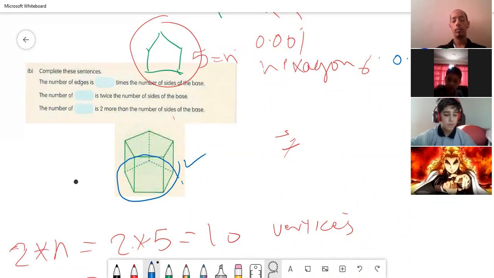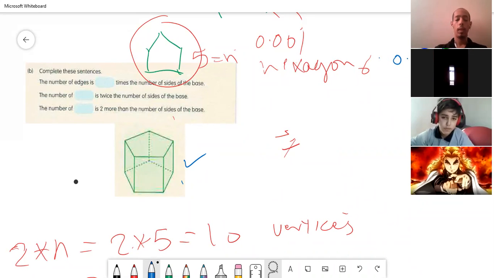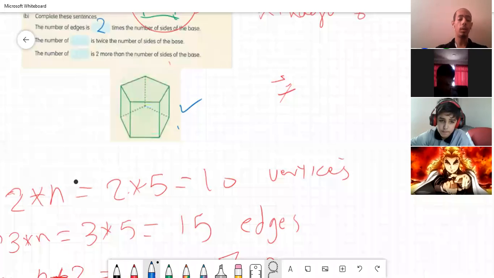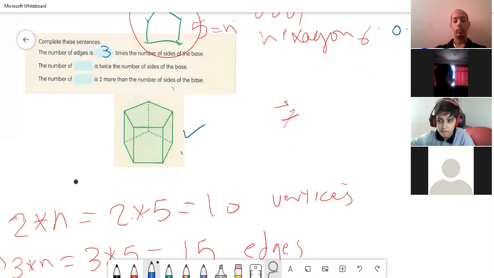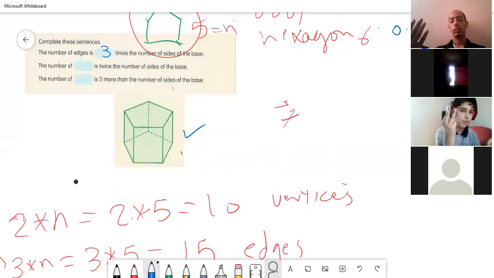So the number of edges is 3 times the number of sides, not of the 3D shape, but of the 2D shape, which is the pentagon.